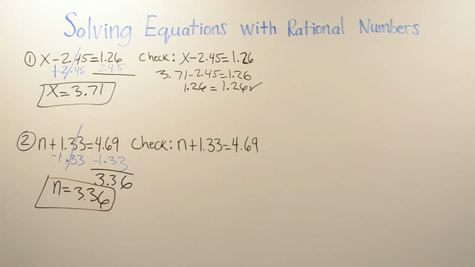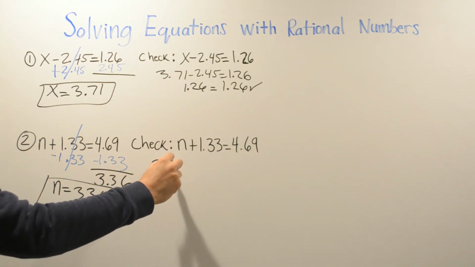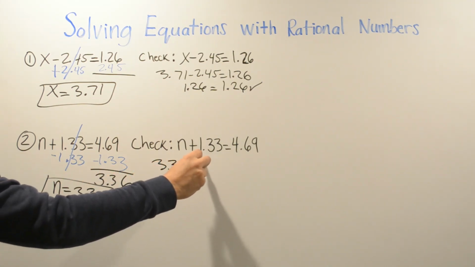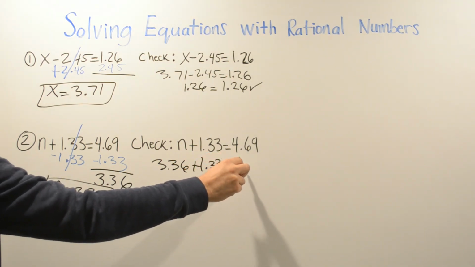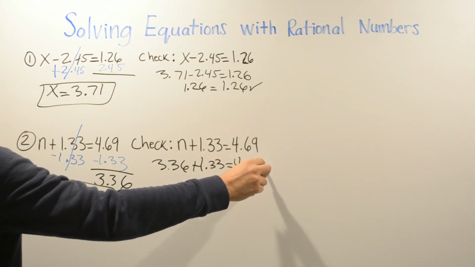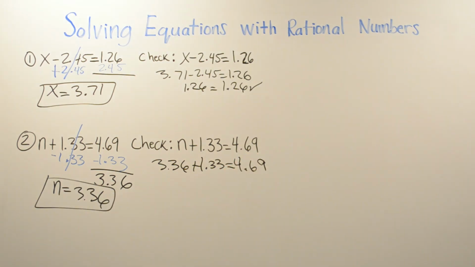Okay, and remember, every time we see our n, we're just going to put in 3.36. So here we're going to go ahead and check, and we can do 3.36 plus 1.33 equals 4.69. So once again, you can go ahead and add it.